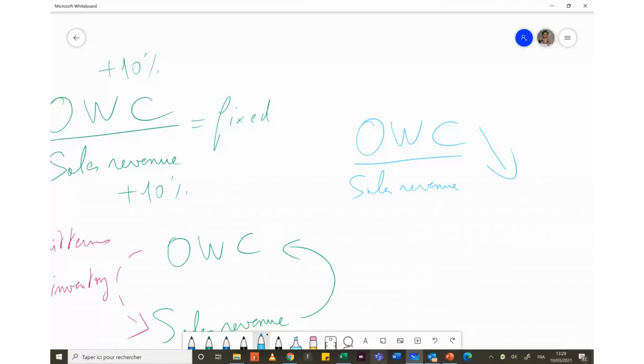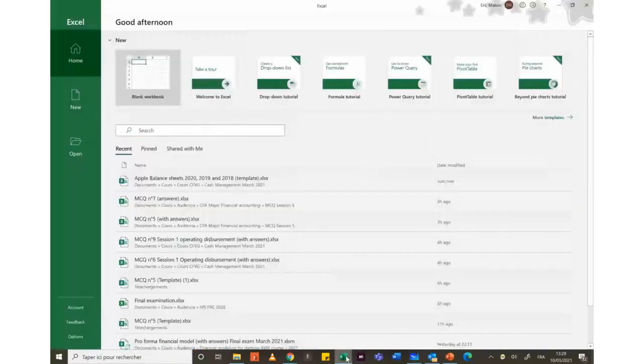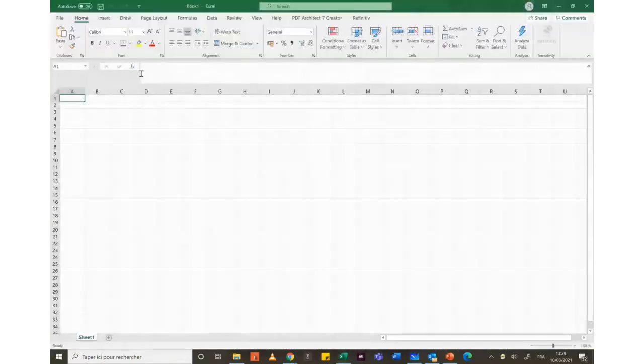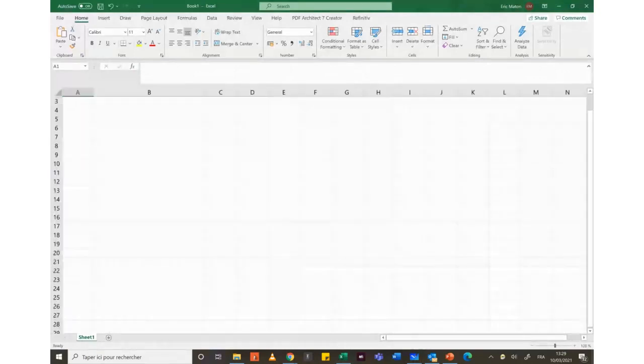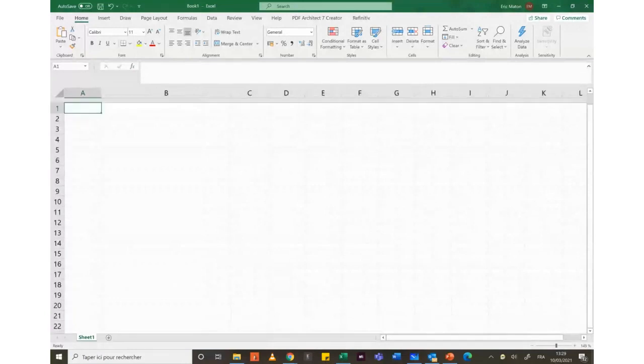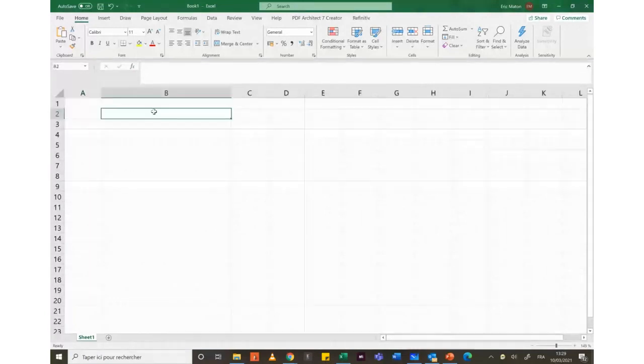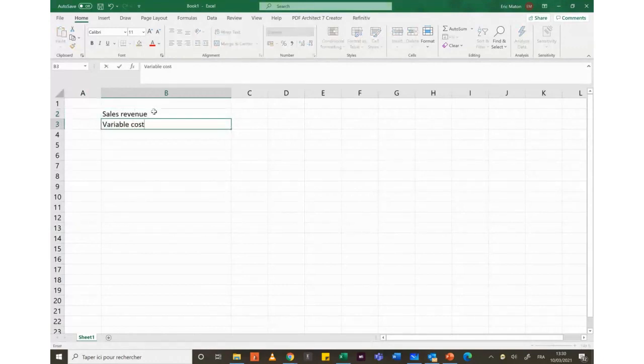So maybe we can create one Excel file, and I show you the liquidity problem we can have in some companies. So I suppose we have sales revenue, we have a variable cost in percentage of sales revenue equal to 60%.